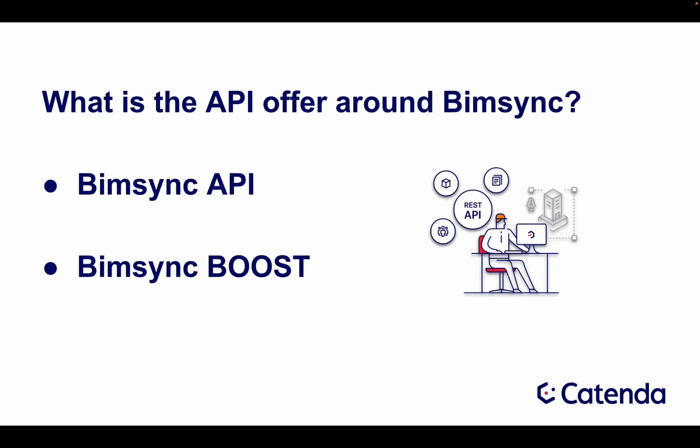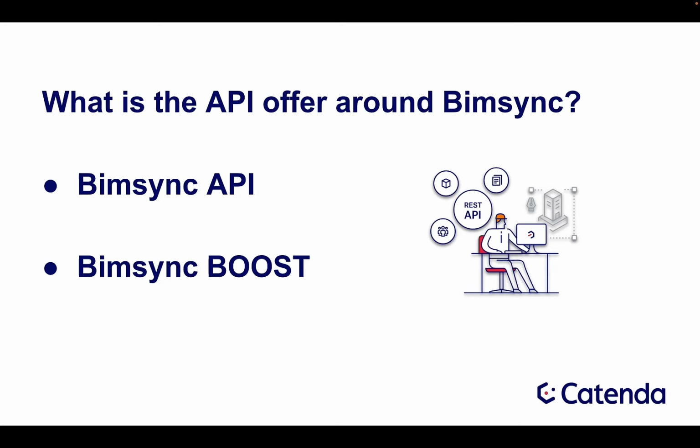Bimsync Boost is a specific offering for partners, so it's called a partner API, when they have the need to build software from the bricks that we deliver, or they want to enhance their offer by adding new modules like a viewer, like a BCF engine.